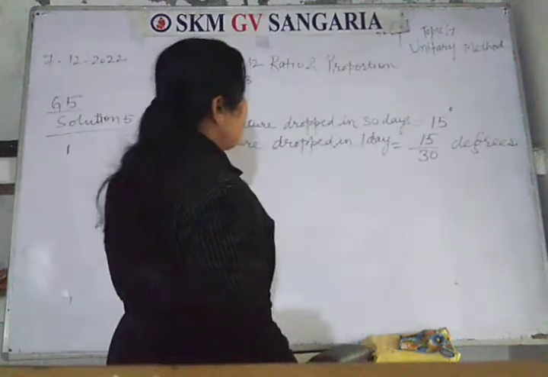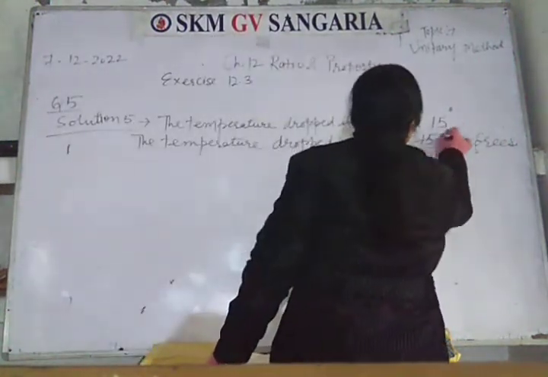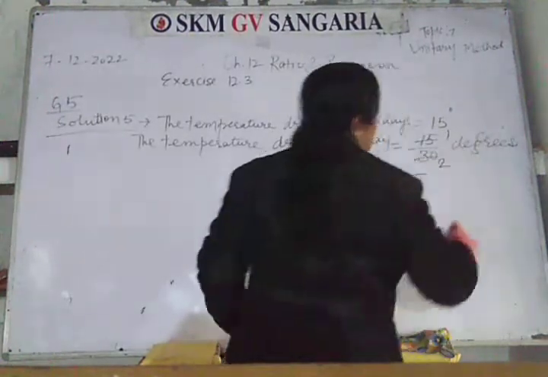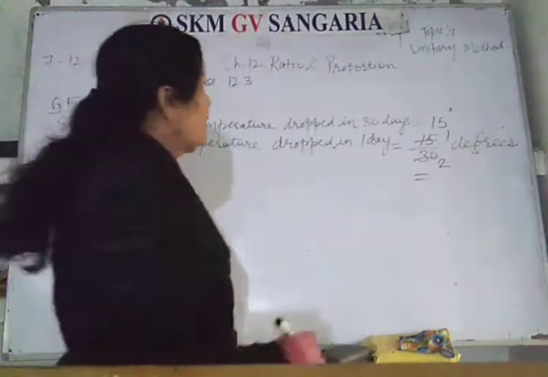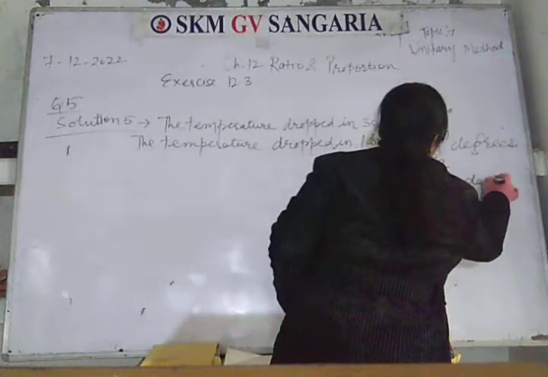So when you simplify, what will you get here? 15 ones are 15, 15 twos are 30. So you will get half degree, 1/2 degree.